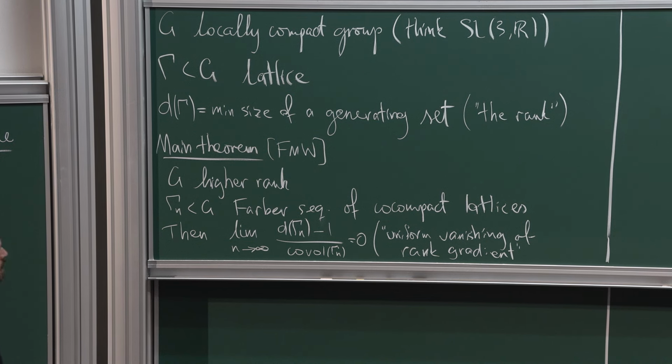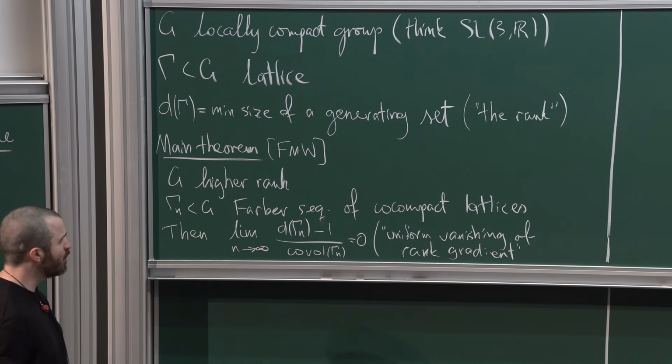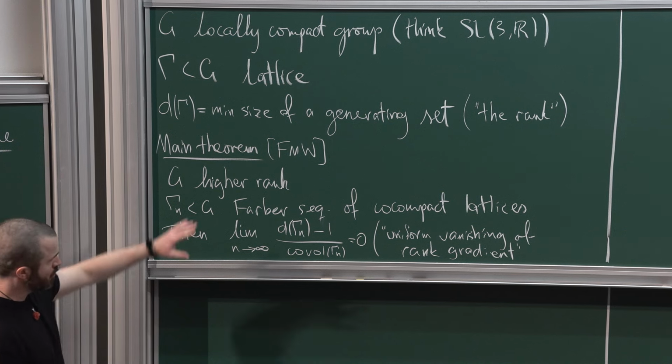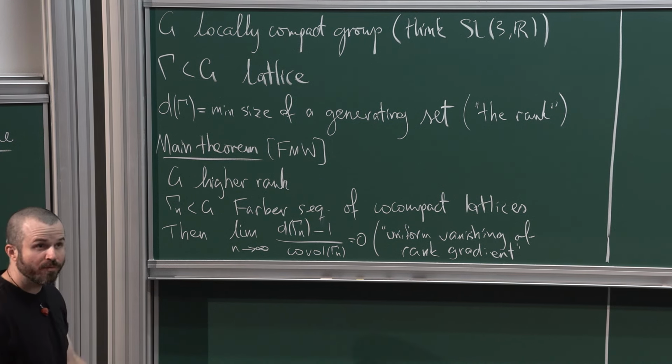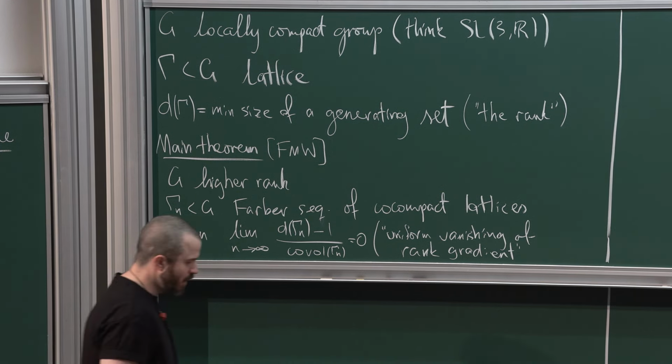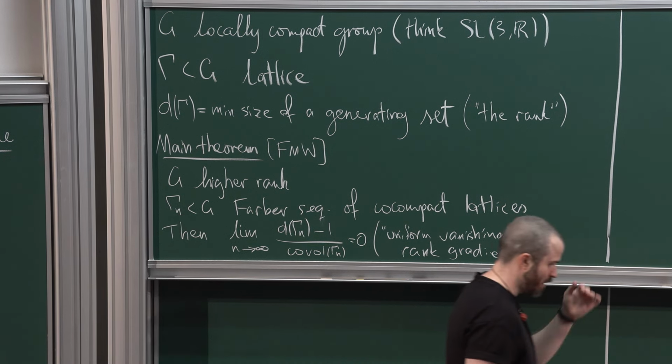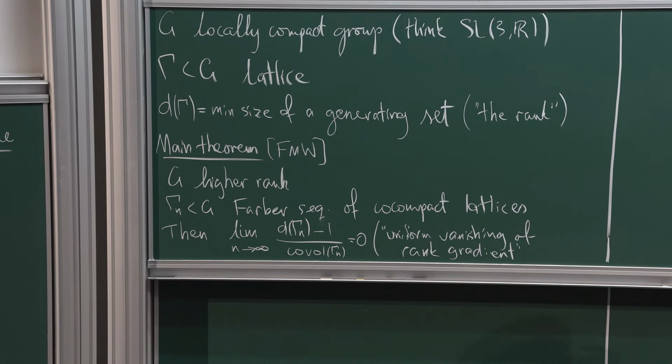And so later on, it was conjectured that this uniform vanishing of rank gradient would be true for sequences of lattices. This is in a paper of Mikolaj Fraczyk, Gelander, and Nikolay Nikolov. In their paper, they refer to it as a provocative conjecture. So I'm hoping this means that the solution is also provocative.